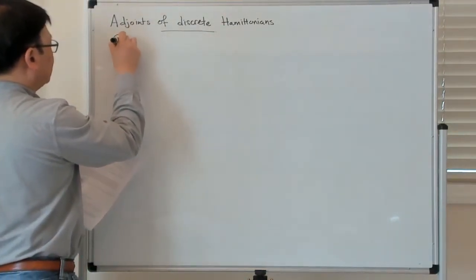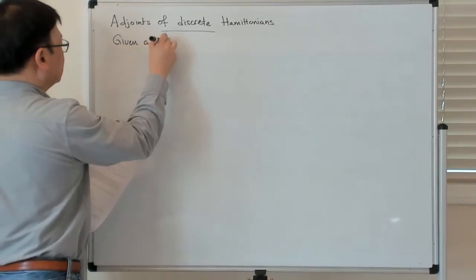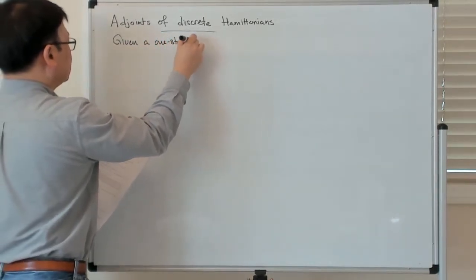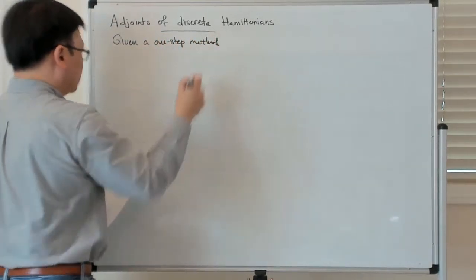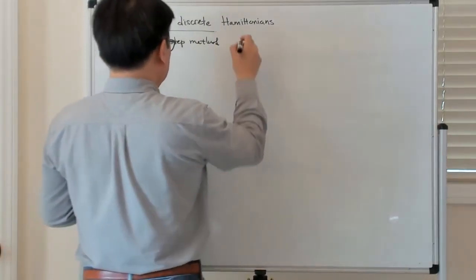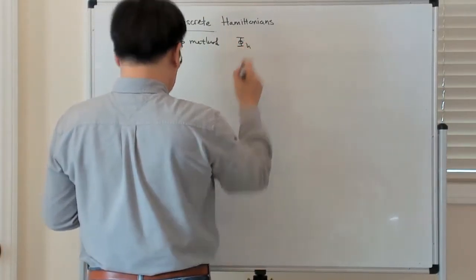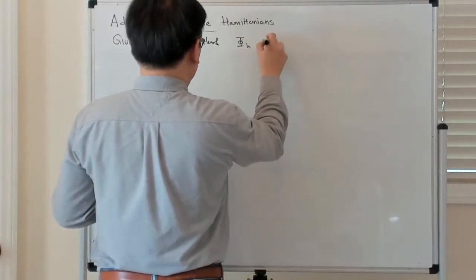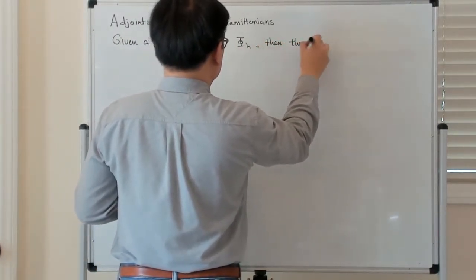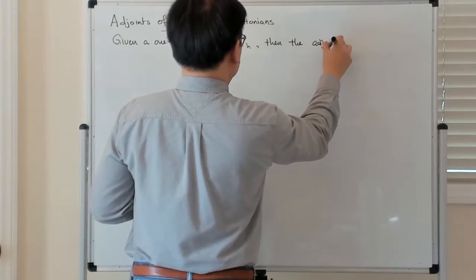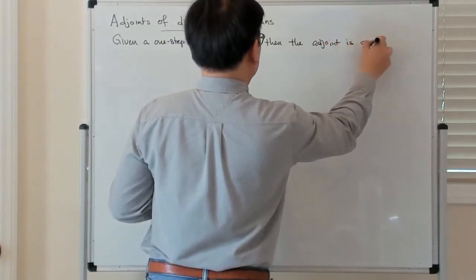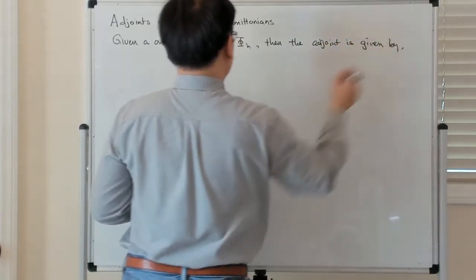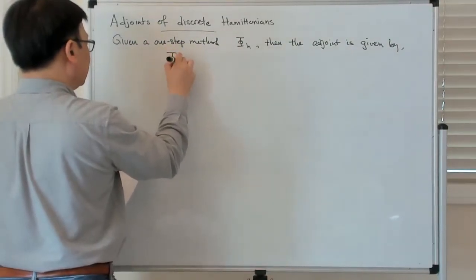So if you're given a one-step method, phi h, for example, then the adjoint is given by the following. You denote the adjoint by the star of it.